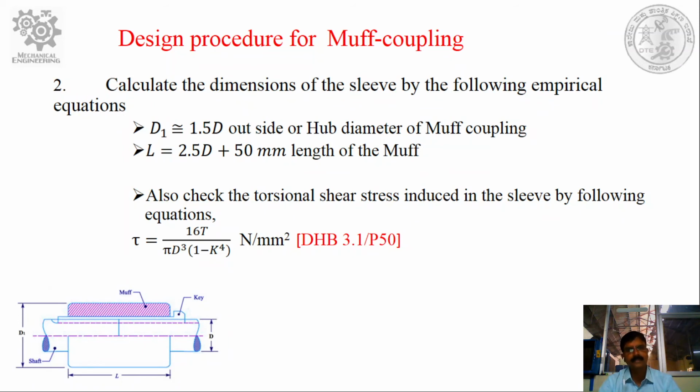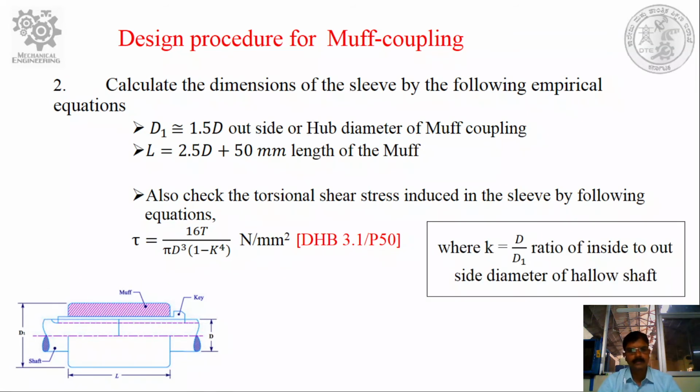Once you fix the diameter of the muff with the help of the empirical formula, we are going to check the induced stress. Now this equation is collected from the data handbook, equation number 3.1, page 50, where K is equal to d by d dash, that is the ratio of inside to outside diameter of the hollow shaft.